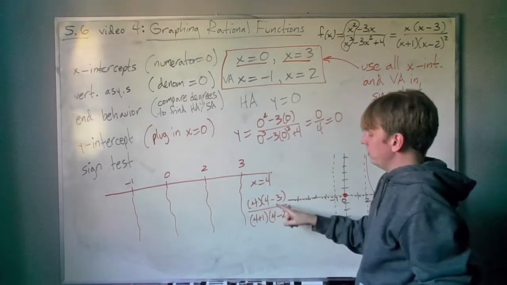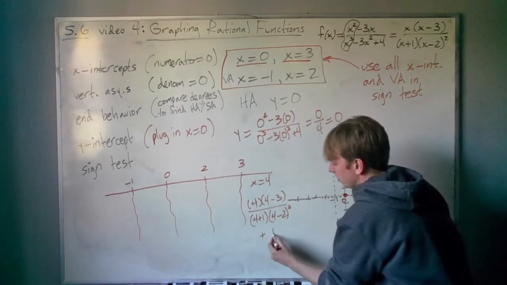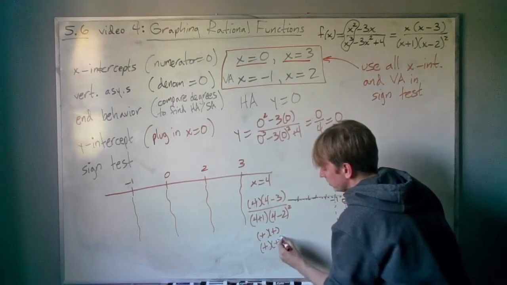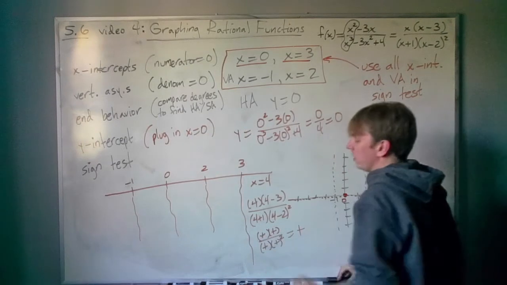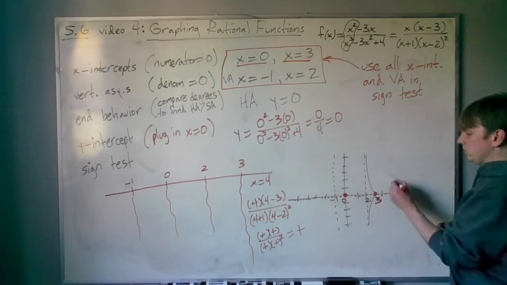That's a positive and a positive and a positive and a positive squared. If I multiply and divide a whole bunch of positives, I'm going to end up with a positive. So on my far right side, numbers right of 3, I'm getting positives.